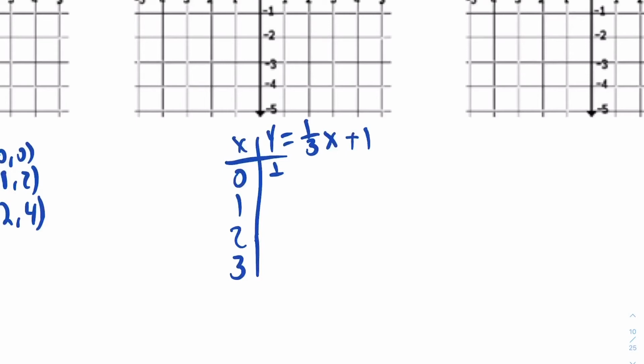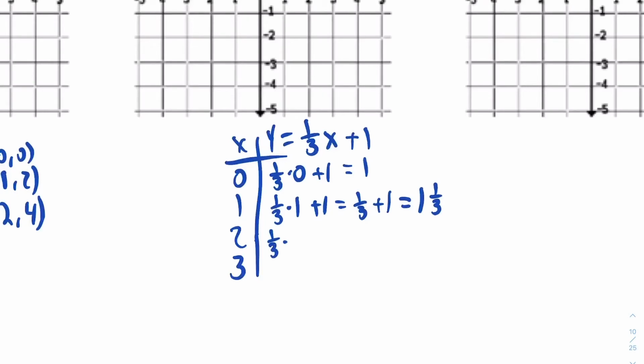If I put 0, that's 1/3 times 0 plus 1, which is 1. Then it's 1/3 times 1 plus 1. That's 1/3 plus 1, which is 1 and 1/3. 1/3 times 2 plus 1 is 2/3 plus 1, which is equal to 1 and 2/3.